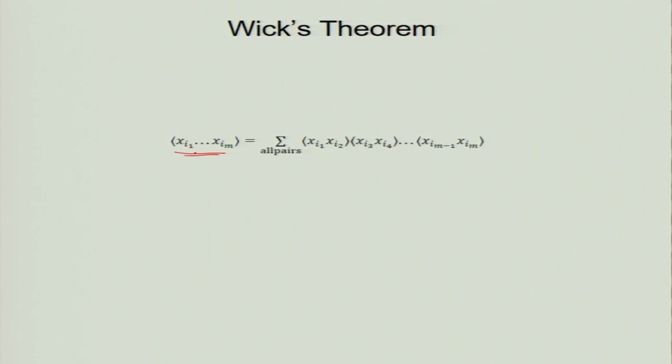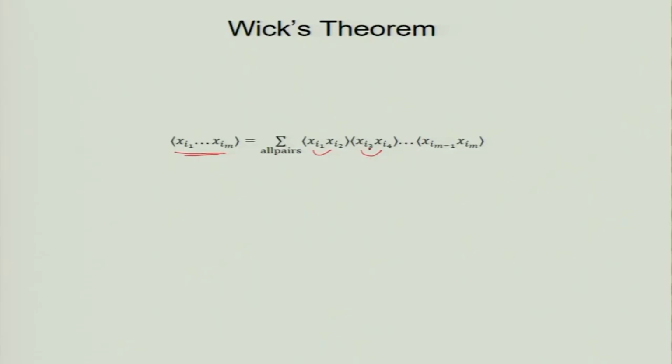Now, we can break it up into products of 2-point correlations. This is a 2-point correlation, no. In fact, this is a property of Gaussian variables, with a probability distribution which is exponential, this type of thing. So, all these variables satisfy this property.